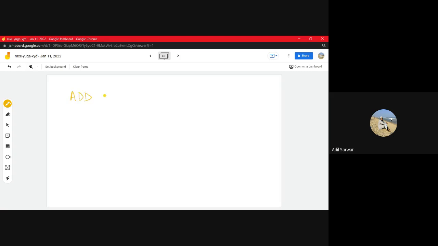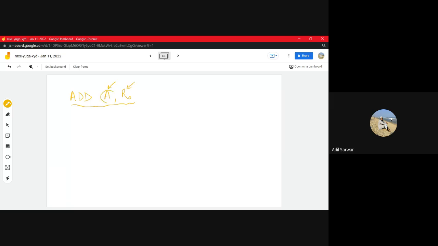ADD, and as the name suggests, it is adding. Let me write A comma R0. Okay, so this instruction is adding the content of A and R0.